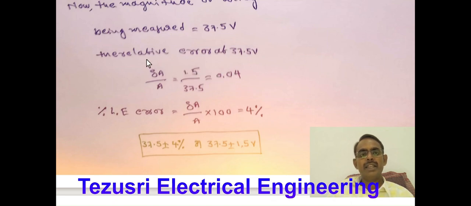It is the relative error at 1/3 of the full scale value. Percentage of limiting error equals relative error into 100. That means 4%. So 37.5 volts is written as 37.5 plus or minus 4%, or 37.5 plus or minus 1.5 volts.